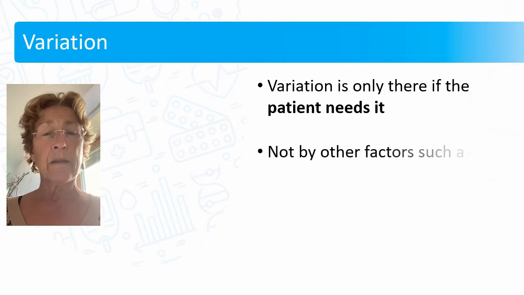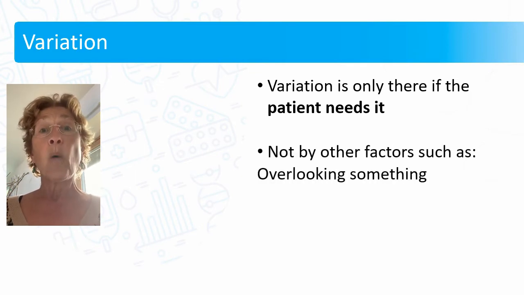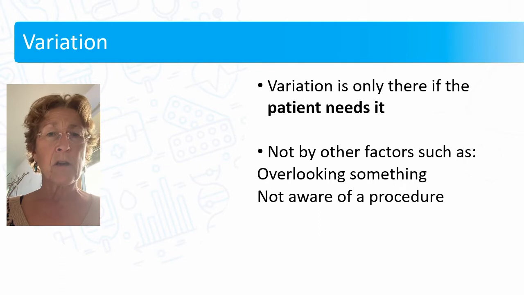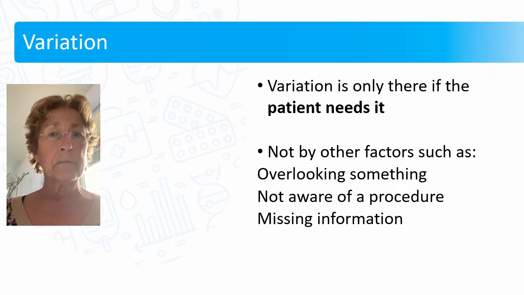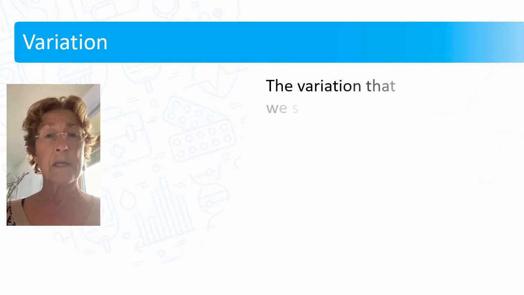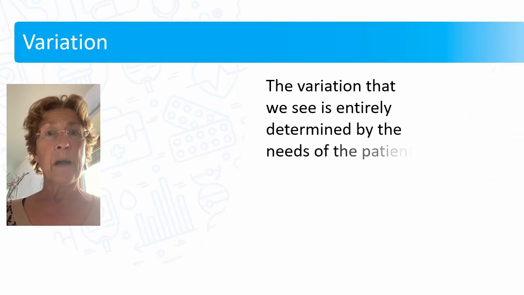We weren't aware that this was a procedure that needed, or that the data set, blood tests, for example, were missing and therefore we couldn't use them in the management of that conversation about carb counting or HbA1c, etc. The variation that we see in the system is entirely determined by the needs of the patient, not by the chaos that we're working in.